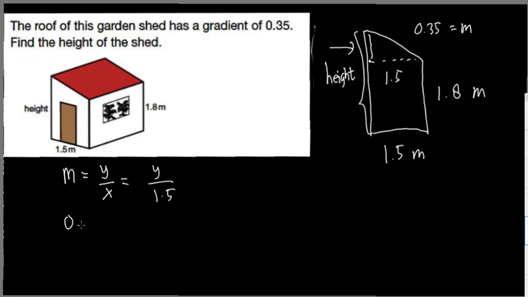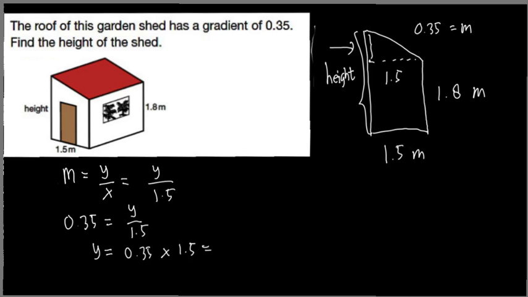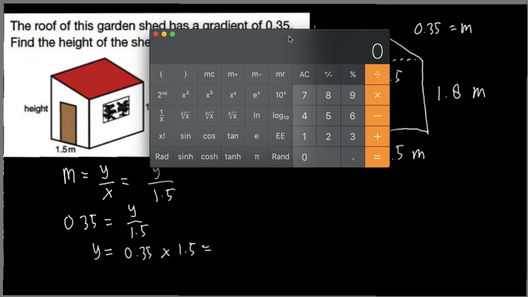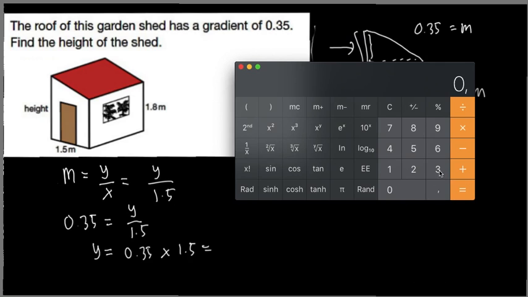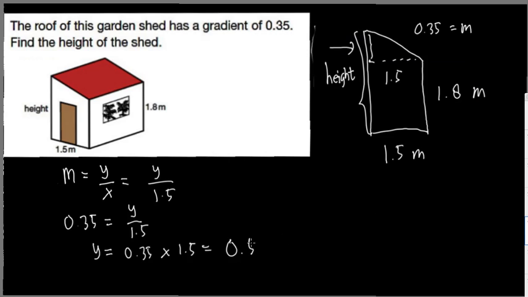The gradient itself is 0.35, so 0.35 equals y over 1.5. y equals 0.35 times 1.5. So we calculate 0.35 times 1.5 equals 0.525 meter.